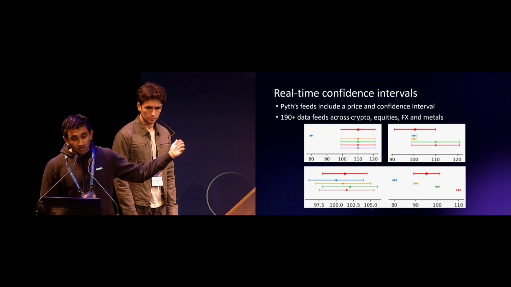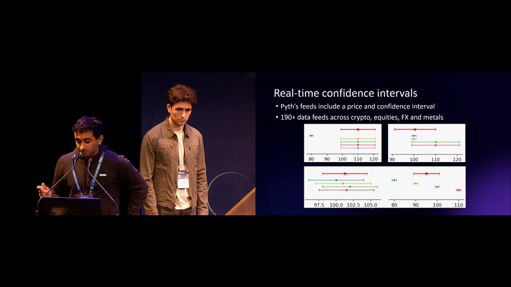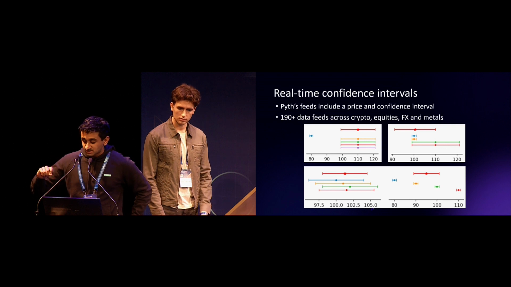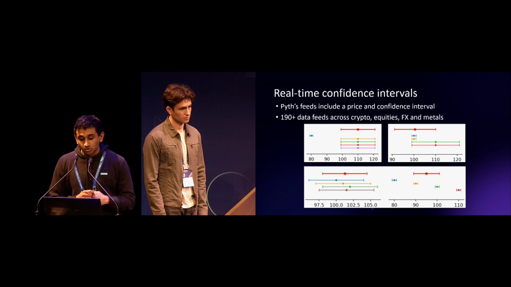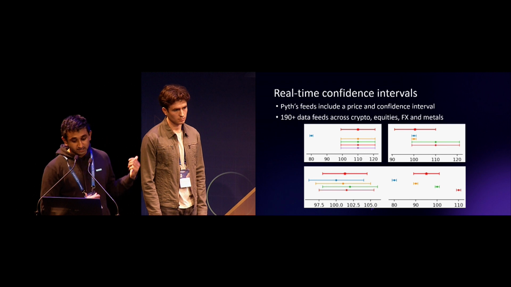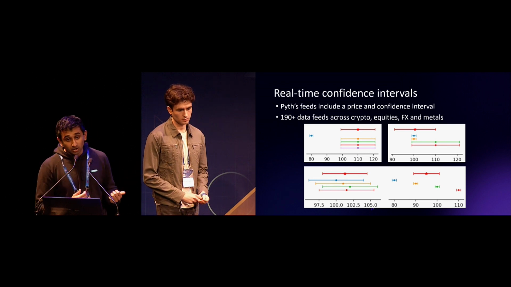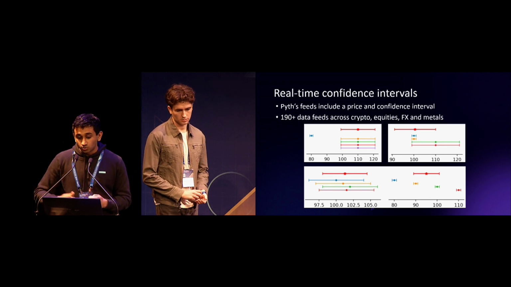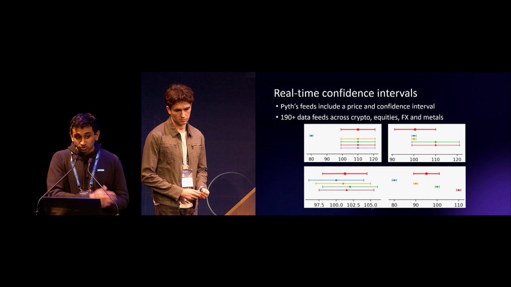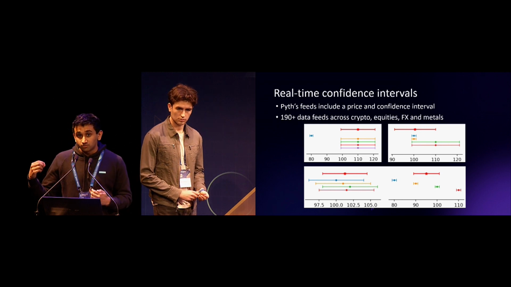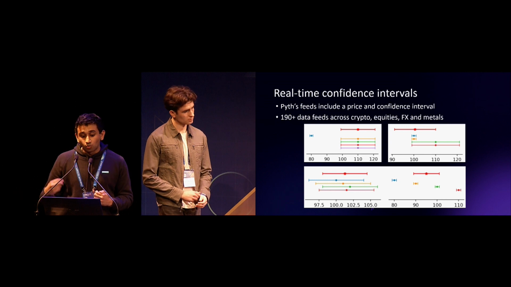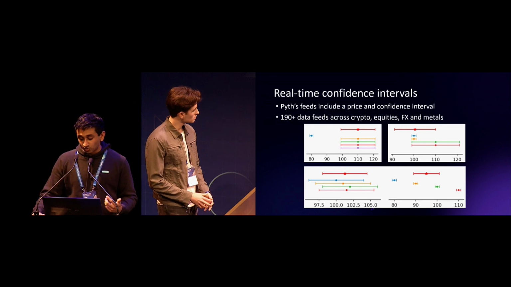The graph on the top right shows that Pyth's aggregate price weights data sources with different levels of accuracy. If we have two MDPs, the ones in blue and yellow, reporting with extremely high accuracy, and two others in green and red reporting with much lower accuracy, the Pyth aggregate price will more accurately reflect the higher accuracy price feeds.